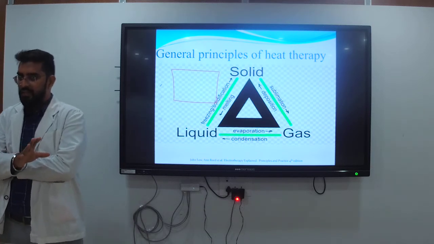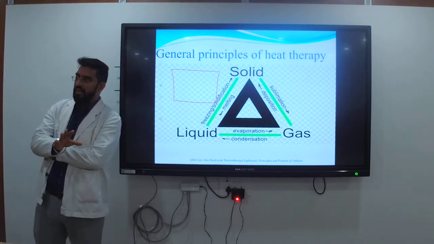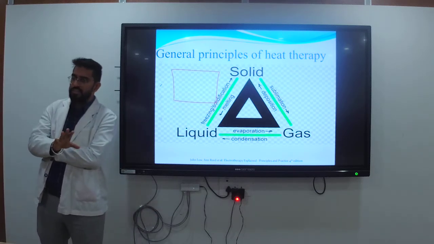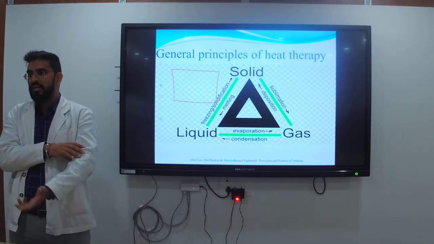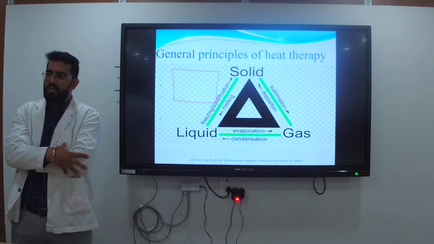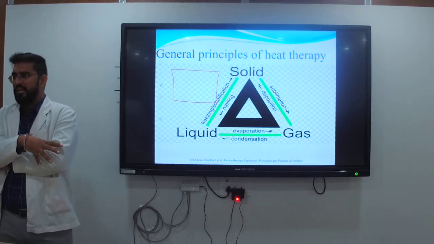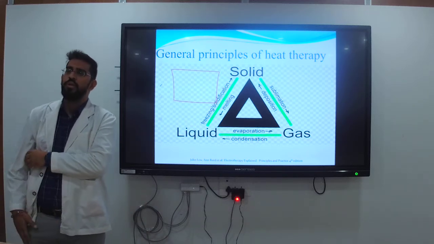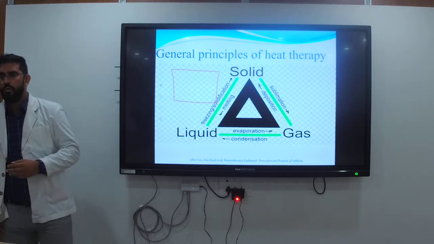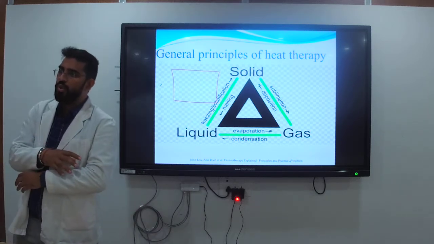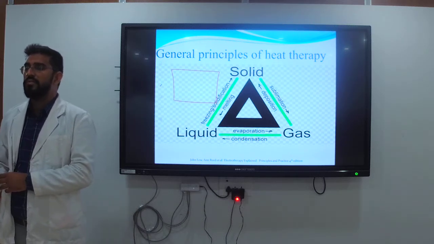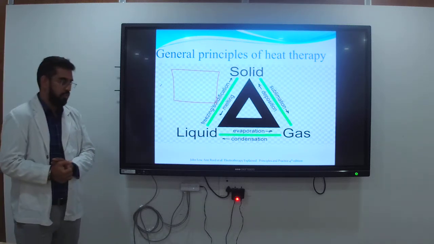Correct? Has everyone experienced this? Once you get an injury, you are not able to move that part, and it has undergone a lot of swelling and inflammation. So it is the body's own protective mechanism to not promote further deterioration of the condition.